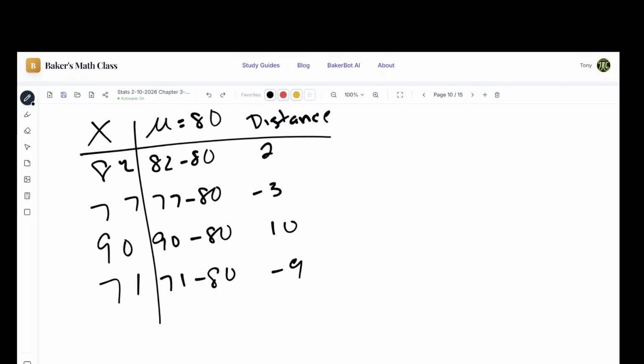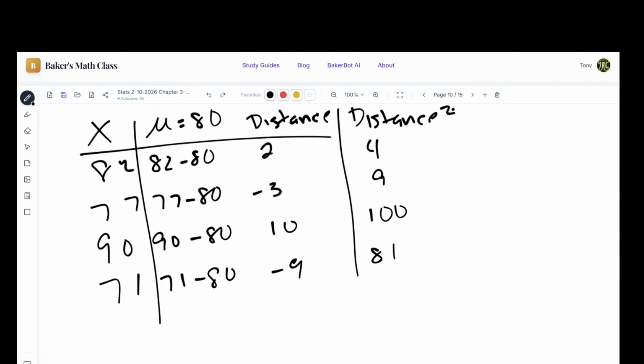Then we square them all. So 4, 9, 100, 81. Then I add them all up. 194.